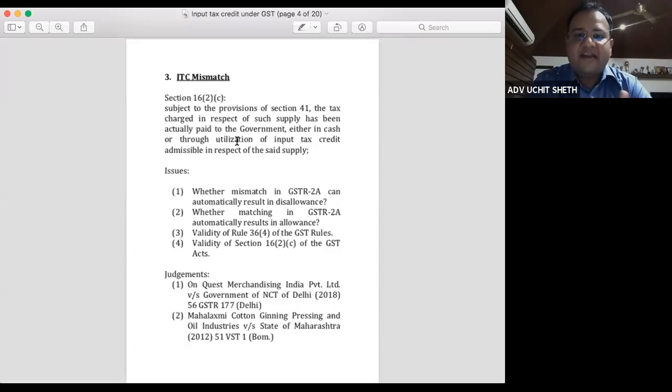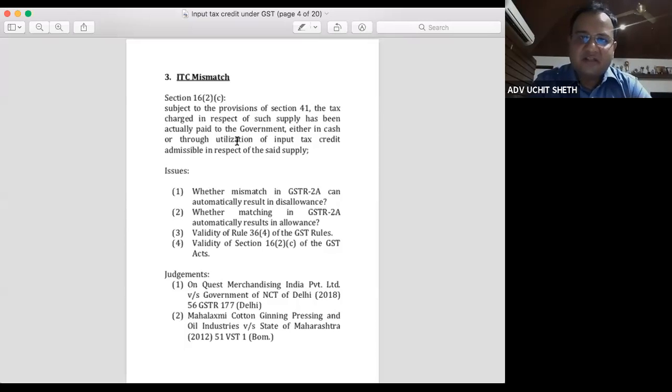Not only that, it goes a step further and it says that such payment should be either in cash or through utilization of admissible input tax credit. So the common misnomer which is prevalent is that if my transaction is matching in GSTR 2A, then how does the officer have the authority to disallow the input tax credit?